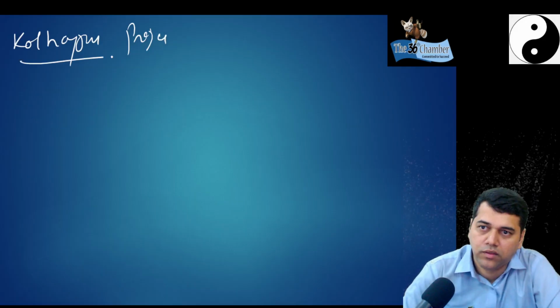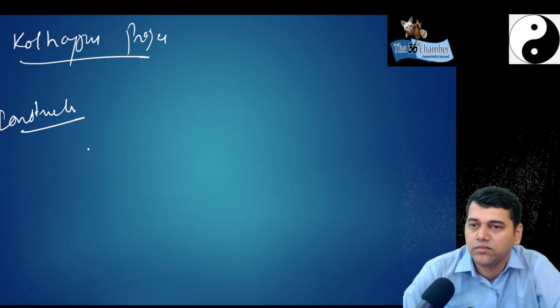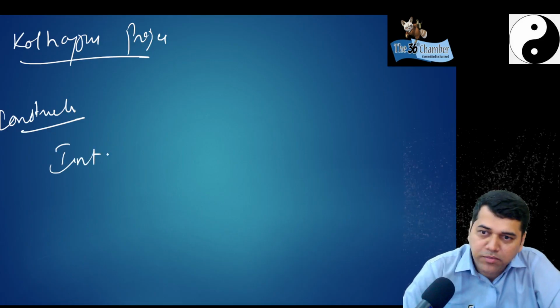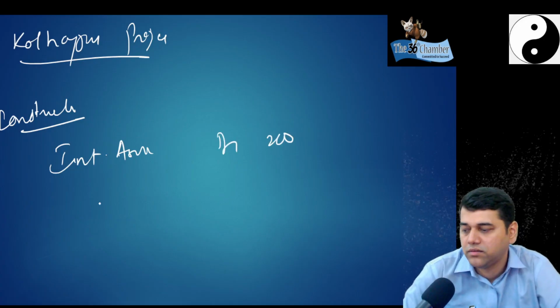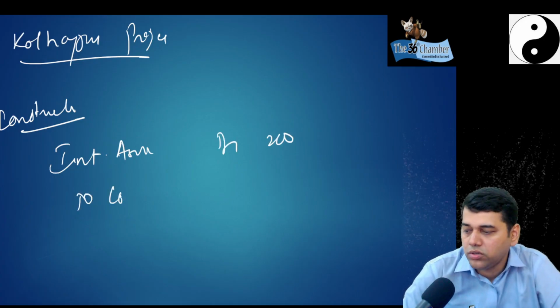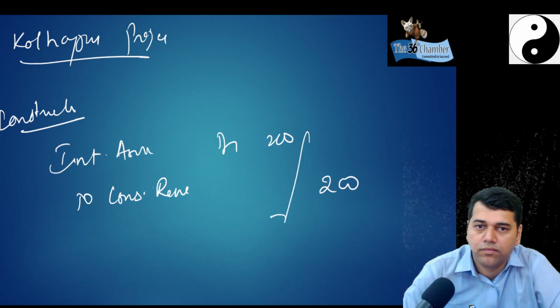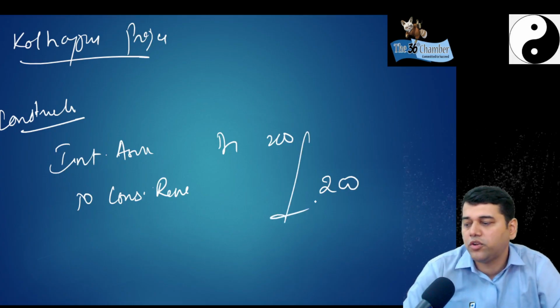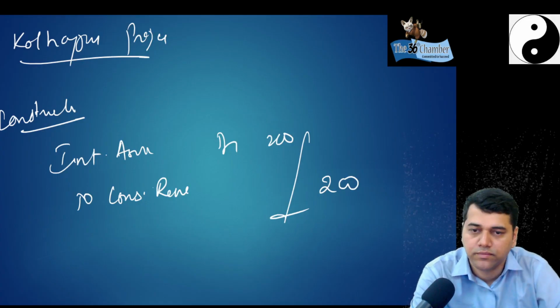Now we will move to the Kolhapur project. Construction phase. What is my journal entry? Intangible asset account debit 200 to construction revenue, because the fair value of the construction revenue was 200.